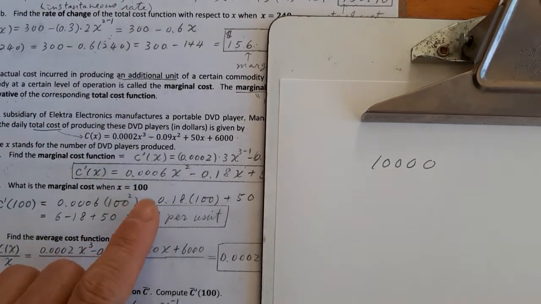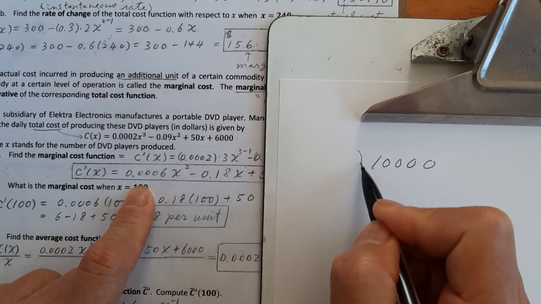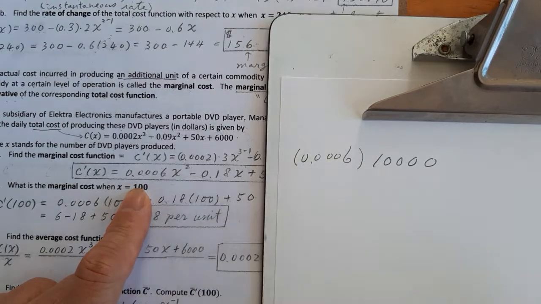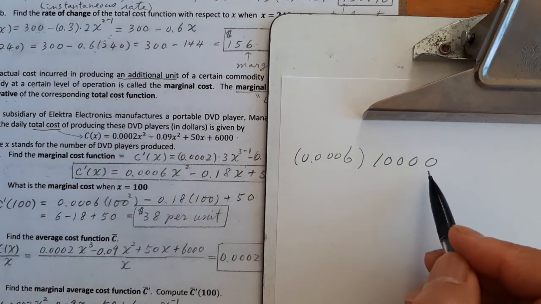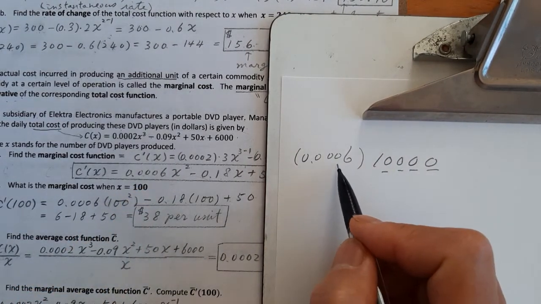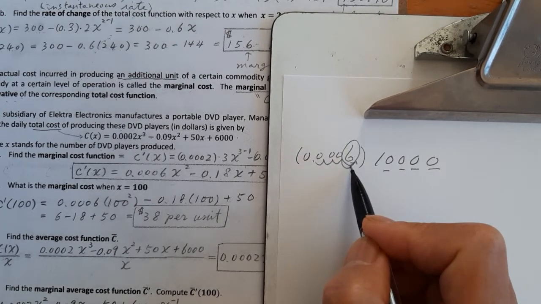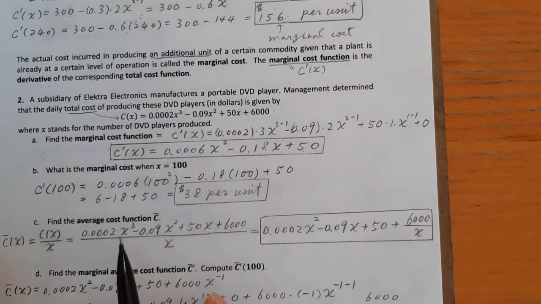You can use a calculator or do it by hand: multiplied by 0.0006, you move the decimal point 4 places and you get 6.